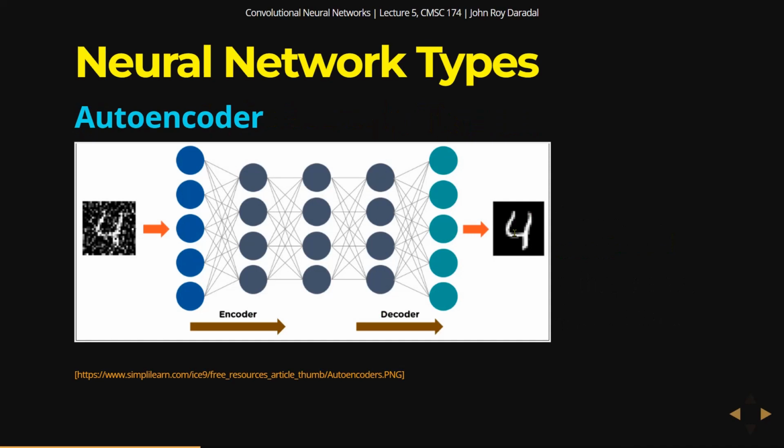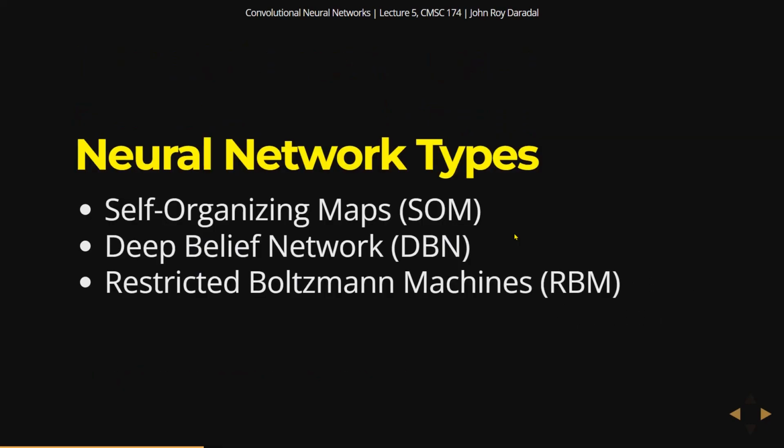Okay, so those are some of the useful neural networks. Of course, there are other types like self-organizing maps, deep belief networks, restricted Boltzmann machines, and others. Okay, so if you're interested in those other network types, you can also look them up if you want to. Okay, but for this video, we'll focus on convolutional neural networks.